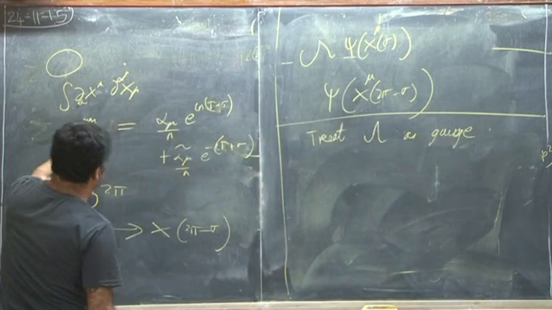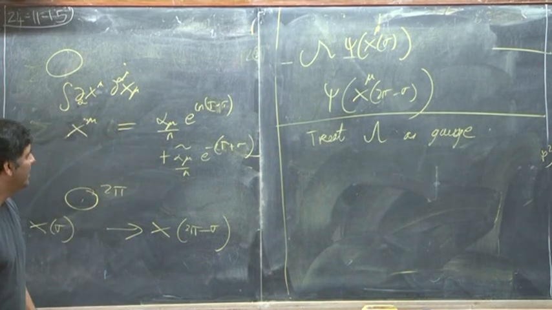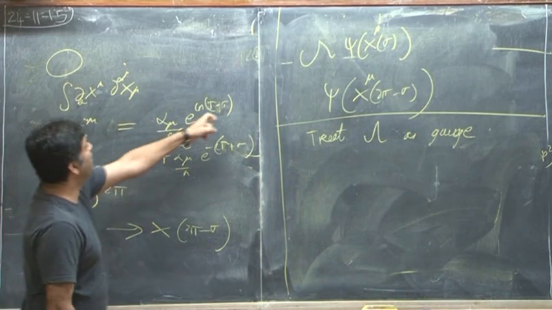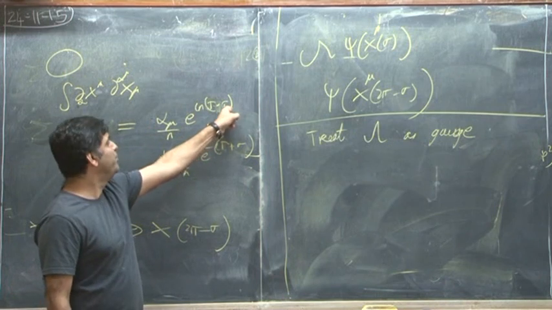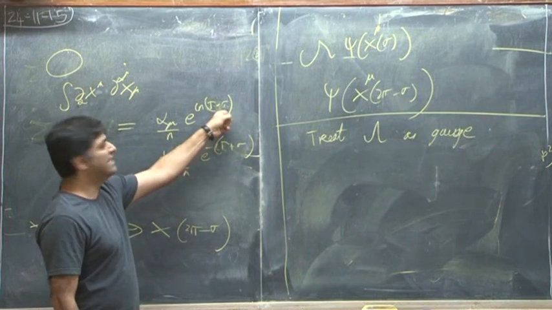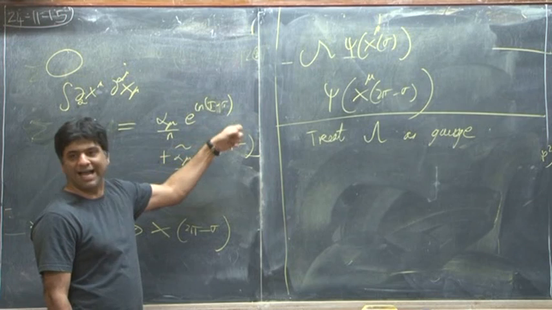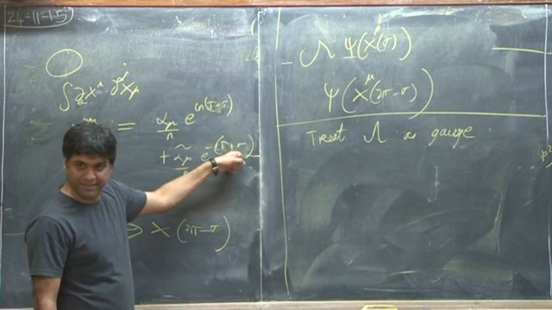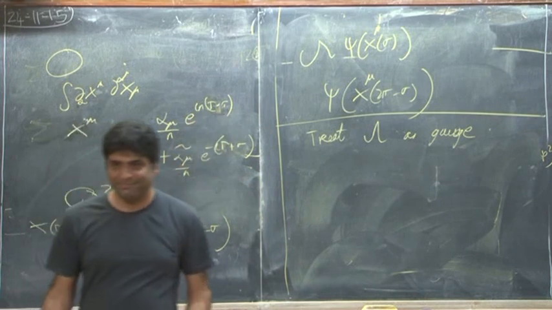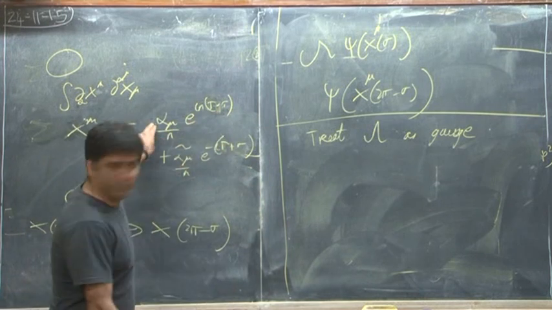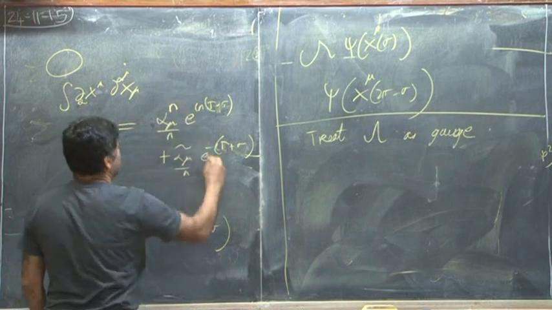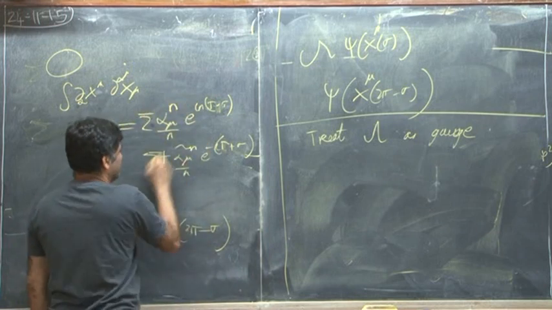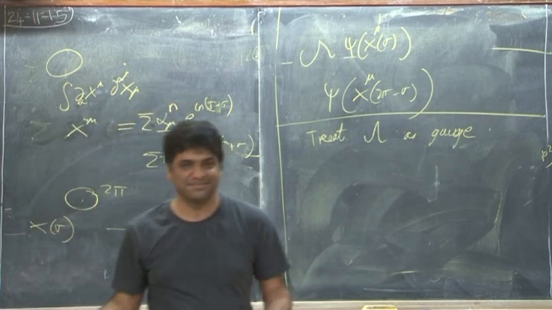That's easy to answer once you look at this. Suppose you replace σ by 2π − σ. The 2π does nothing because it's e to the power i n times 2π. But the plus and minus do something. They change what you call left movers to what you call right movers.